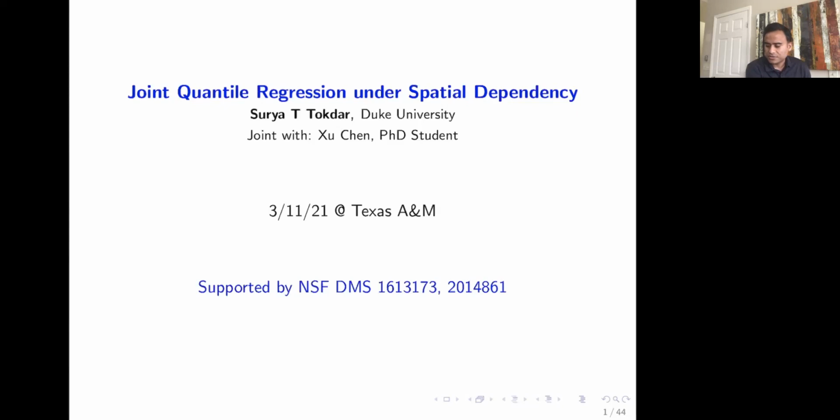Just to give a thought about how to think about it as a modeling and analysis tool, how it fits into what we typically do. That overview would be one of my main talking points, but we will do that more and more in the context of spatial dependency as the talk goes along.